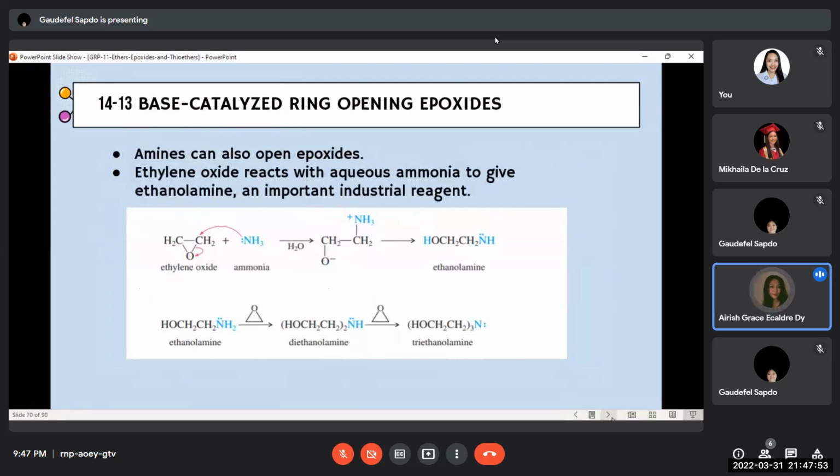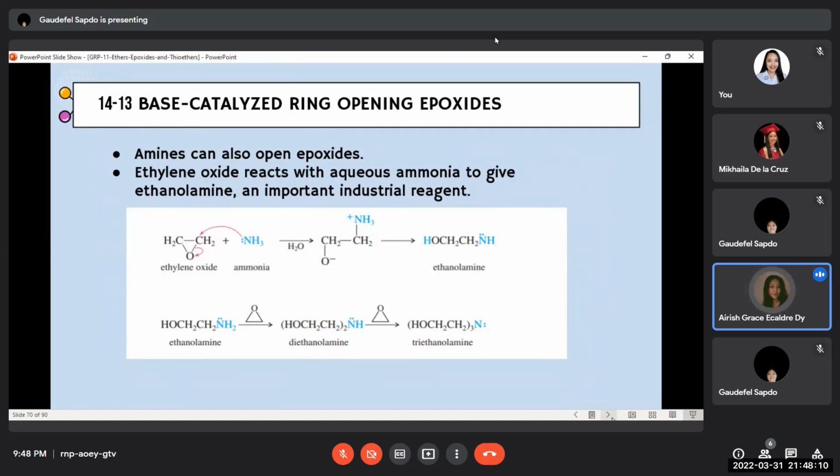Amines can also open epoxides. Ethylene oxide reacts with aqueous ammonia to give ethanolamine, an important industrial reagent.